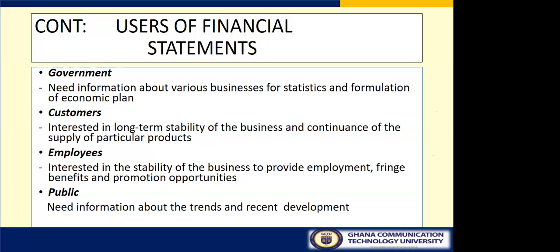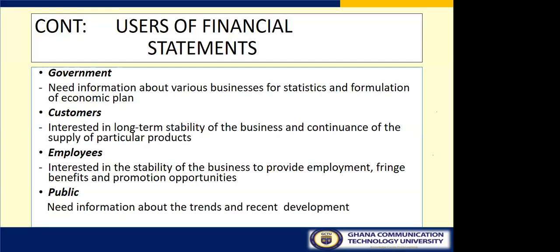So you show the product to the customer, and the customer wants to know that at any point in time when I come to this company, I'll still get the same product, because this product has solved my problem for me. So that's what customers are interested in. Will the business continue to survive or collapse?